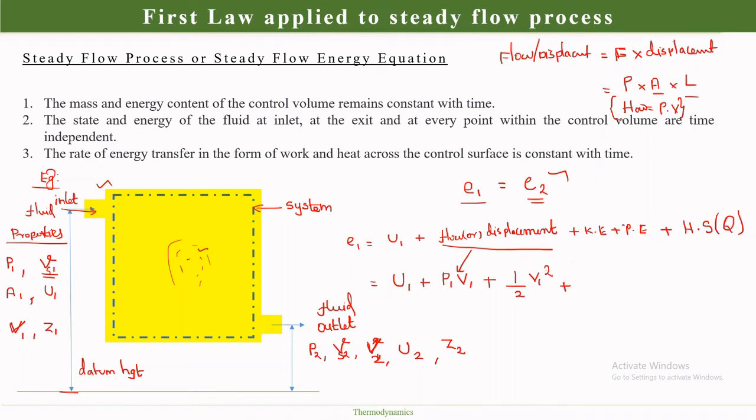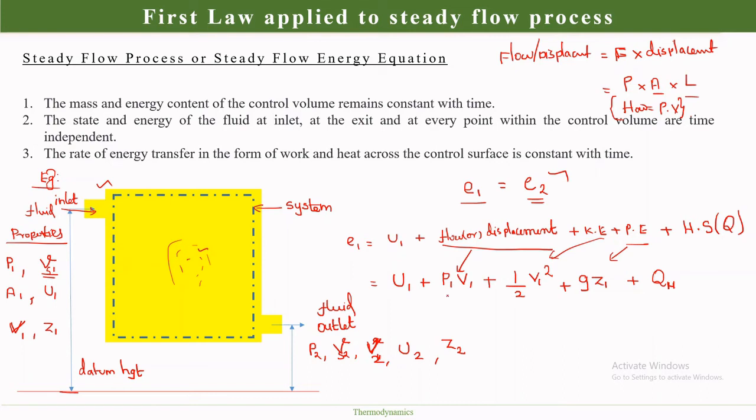Then my potential energy is acceleration due to gravity into Z1, that is my height, and after that the heat which is supplied, which I will take as QH or Q1.